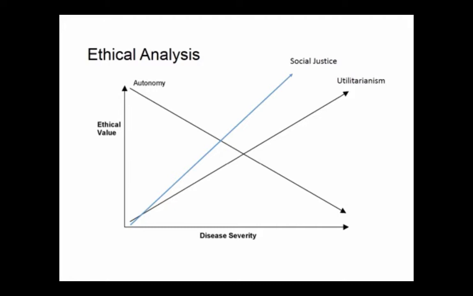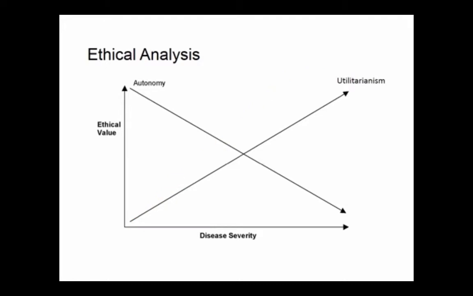When the risk of harm from a disease is low, there is little need to have mandatory vaccination to enhance the common good or to achieve social justice. However, as the risk increases in terms of the severity of the disease, the interest in mandating vaccination increases.